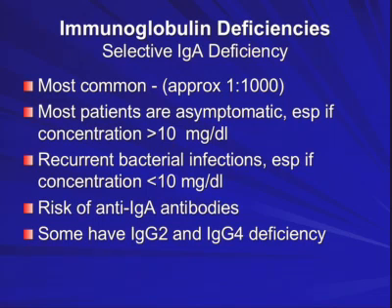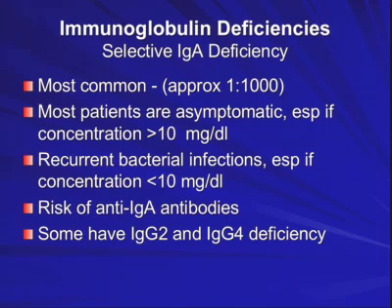They get IgA, it's part of the panel, and it comes back 0, and they come in and we see them, and they really have no infection history, and we basically send them home and just remind them to tell people when they get a blood transfusion to be careful because they may have anti-IgA autoantibodies as well. And we also see many patients where numerically the number is low but not absent, and those patients rarely have any symptomatology whatsoever.